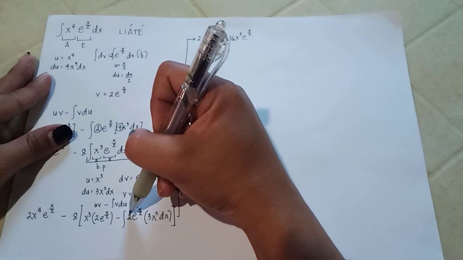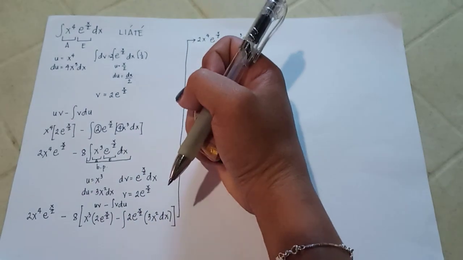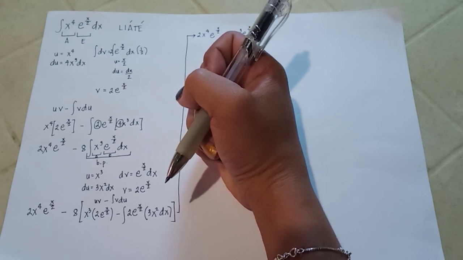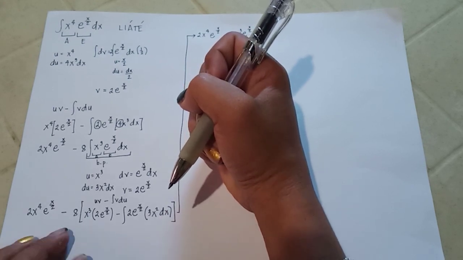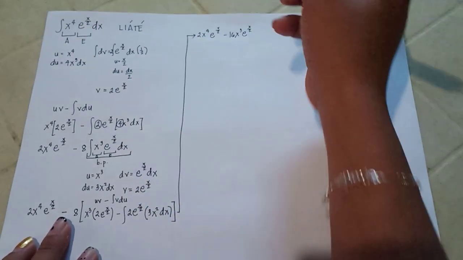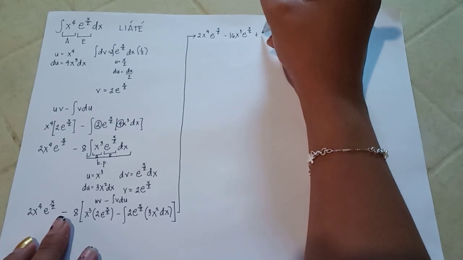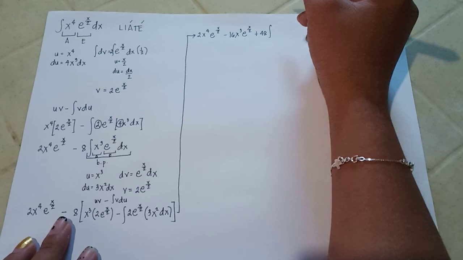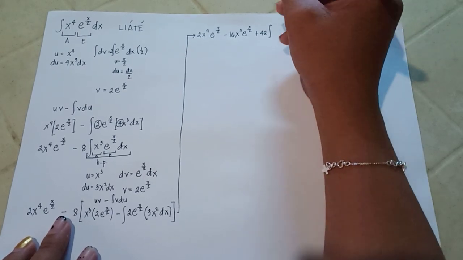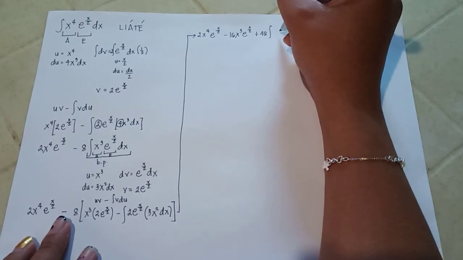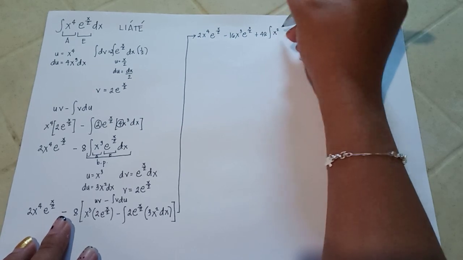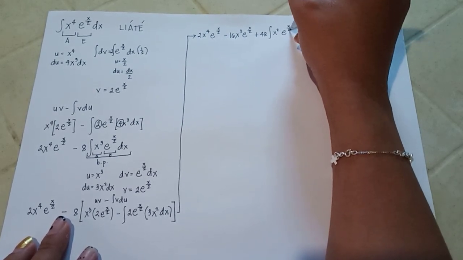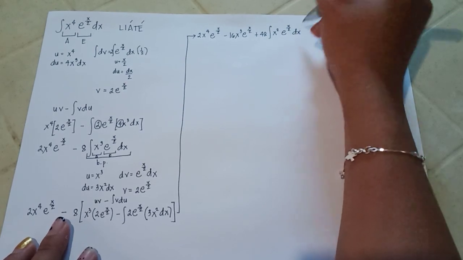This will be 2 multiplied by 3, that is 6 multiplied by 8. You will have 48. Negative and negative, that is positive, so that's plus 48 integral of, what do I have now? x squared, then e raised to x over 2 dx.